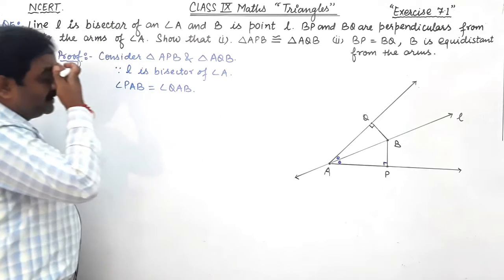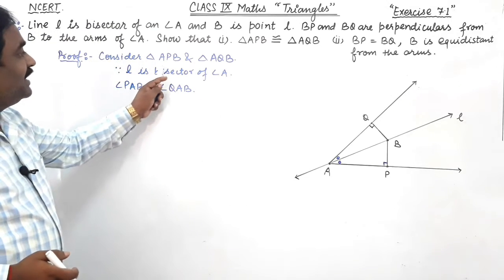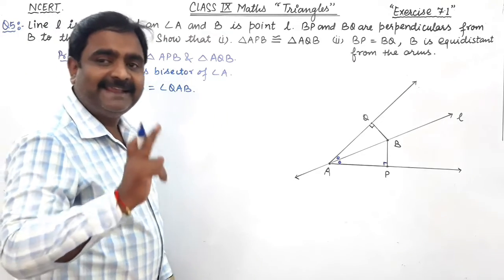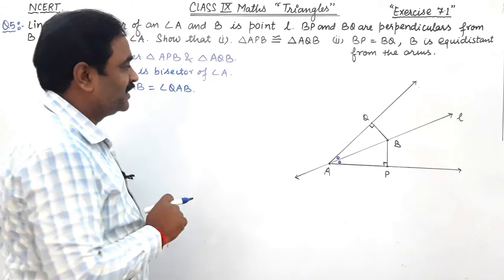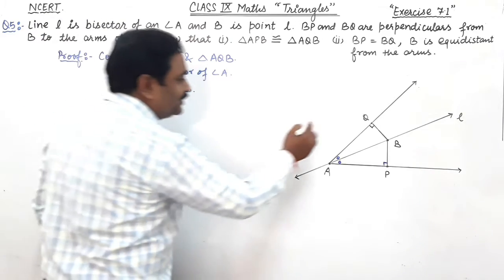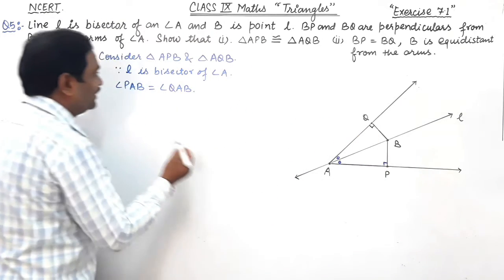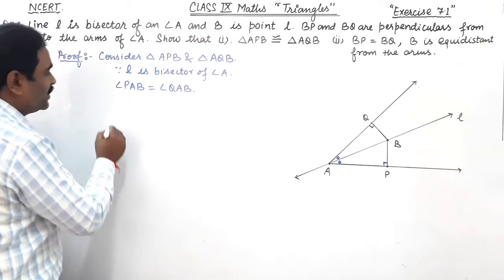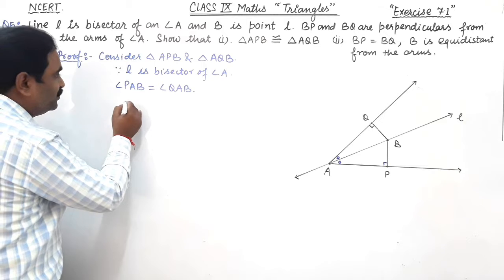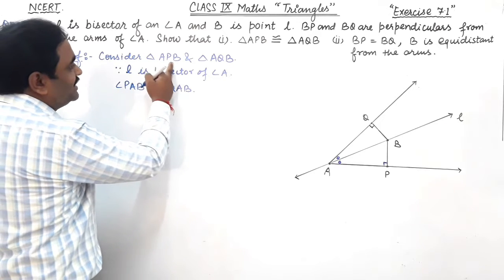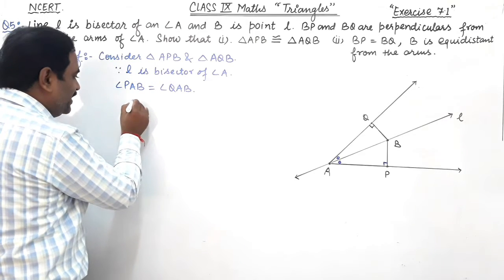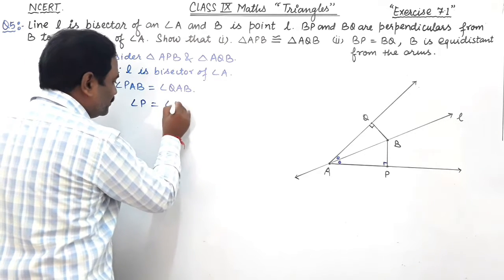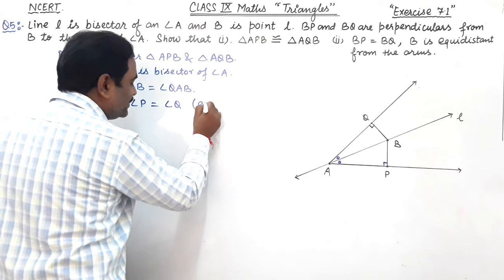So PAB is the angle of this triangle and QAB is the angle of that triangle. One angle of both triangles is equal. After that, angle Q is equal to angle P. They are 90 degrees each, as it is given that they are perpendiculars. Therefore, in triangle APB, angle P equals angle Q of AQB, 90 degrees each.